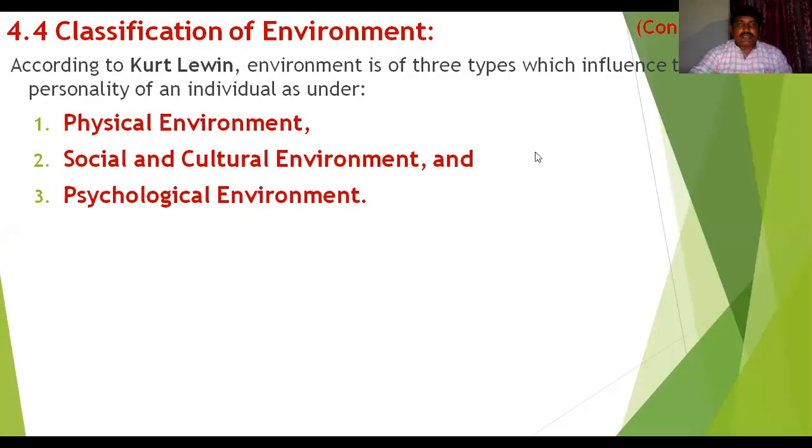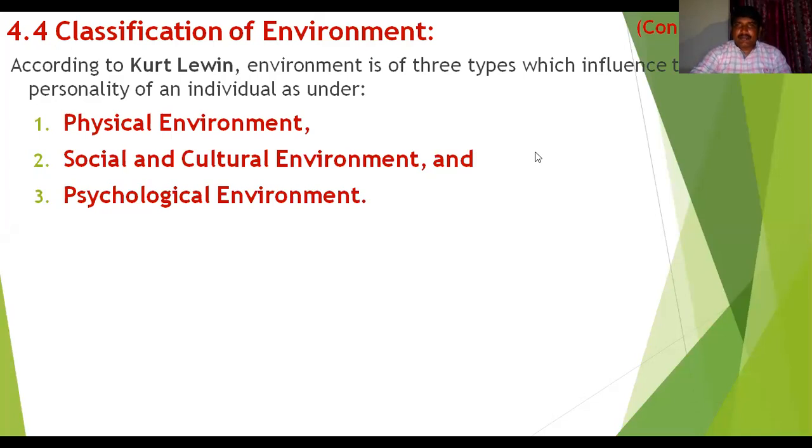In the present module, we study the types of environment in the following ways. According to Kurt Lewin, environment is of 3 types which influence the personality of an individual: 1. Physical environment, 2.